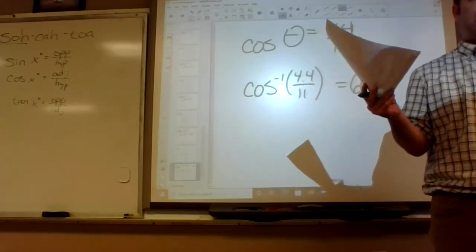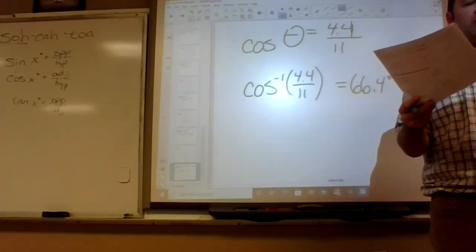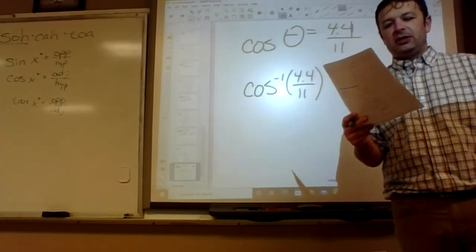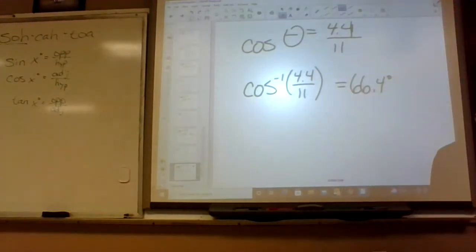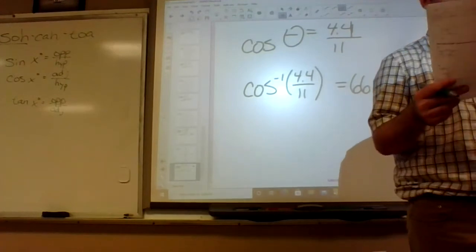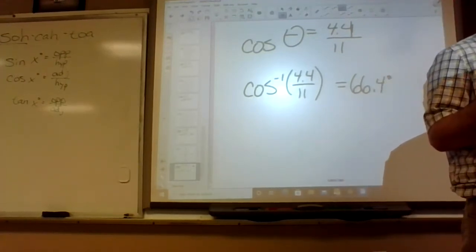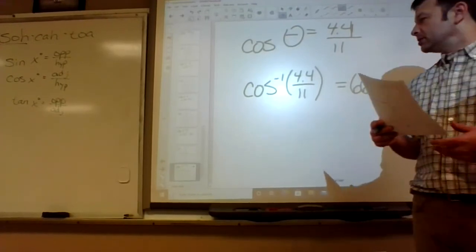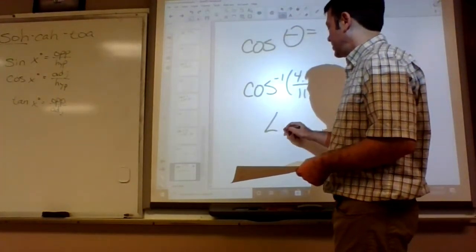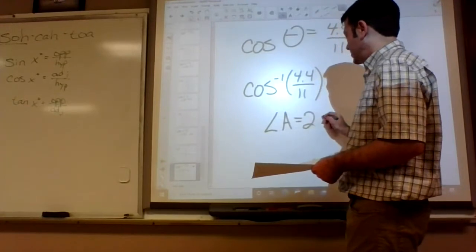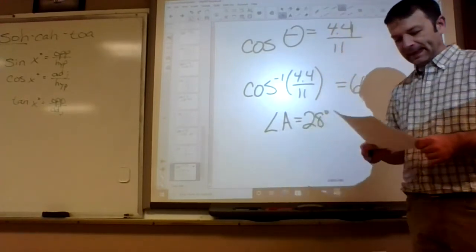If you do 180 minus 90, that leaves 90. So you can just do 90 minus 62. The final angle is 28 degrees. Angle A is 28 degrees. So label all your answers.